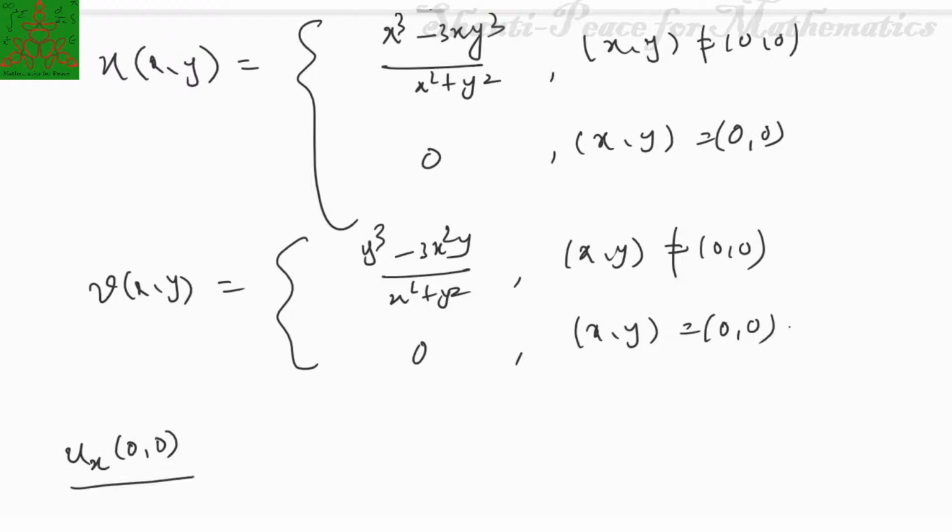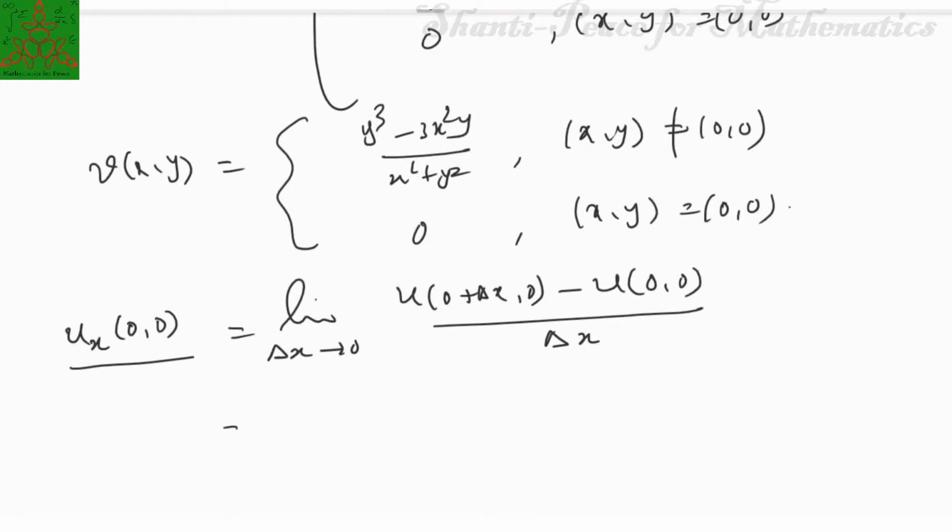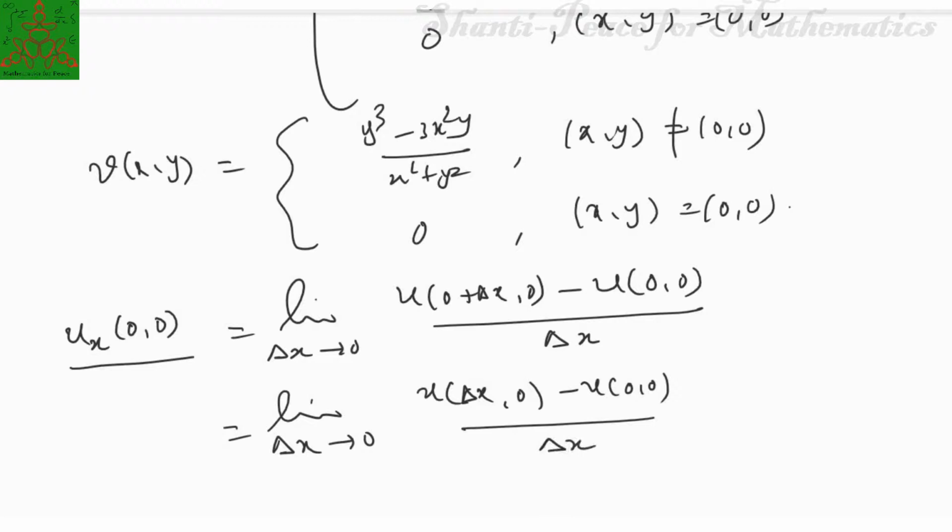So let's calculate ux at (0, 0), that is limit delta x tends to 0, u of (0 plus delta x, 0) minus u of (0, 0) upon delta x. This can be written as limit delta x tends to 0, u of (delta x, 0) minus u of (0, 0) upon delta x. You just observe that u of (x, y) that we have calculated is x cube minus 3xy square upon x square plus y square.